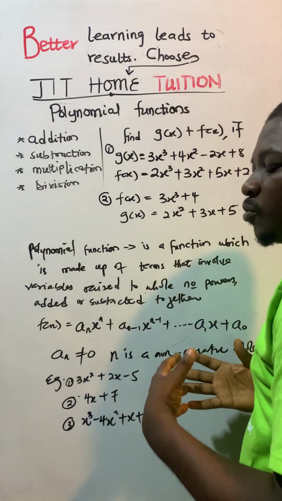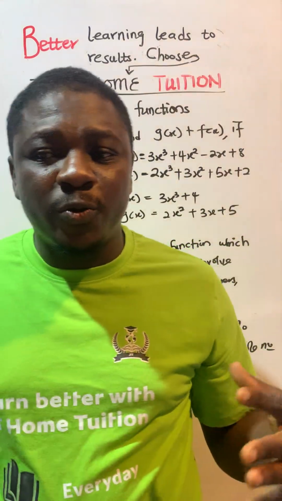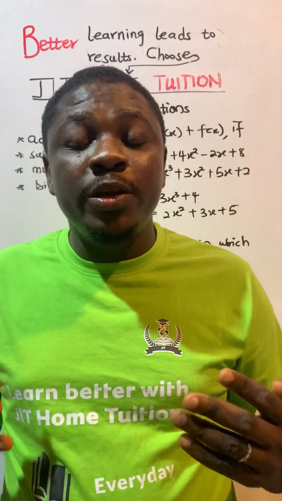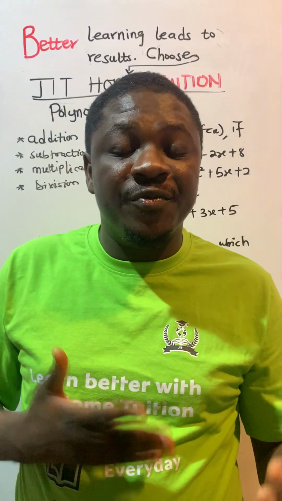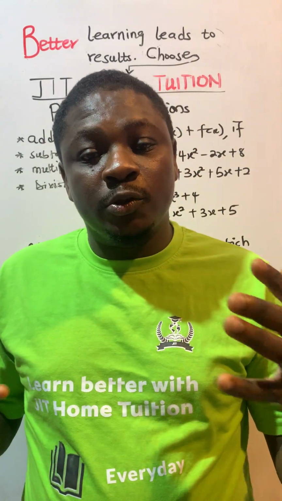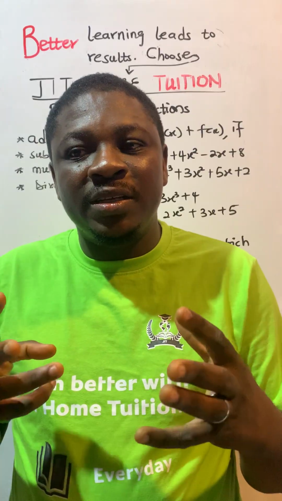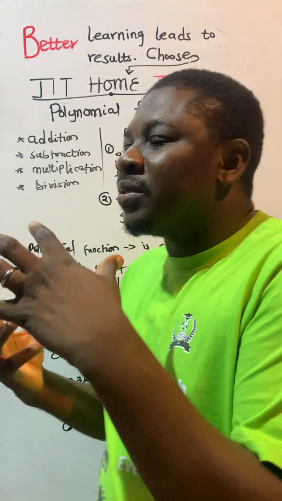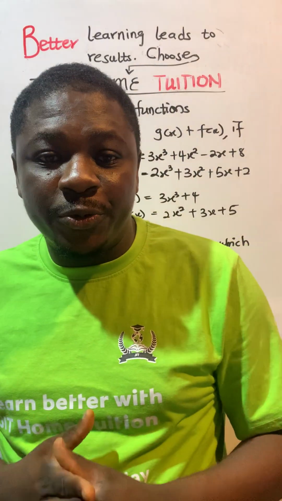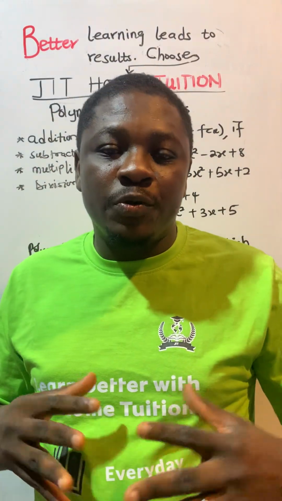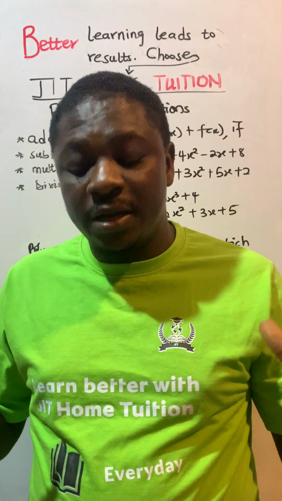For you to understand this topic very well, you really need to understand algebra, because algebra deals with variables and numbers. I'll say that polynomial is like an extension of algebra. Notwithstanding, I'll try my best for you to understand it.